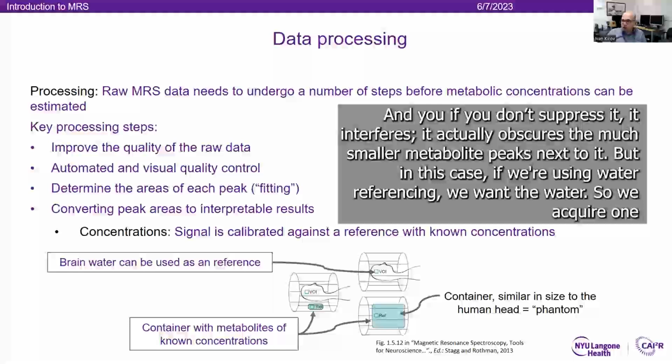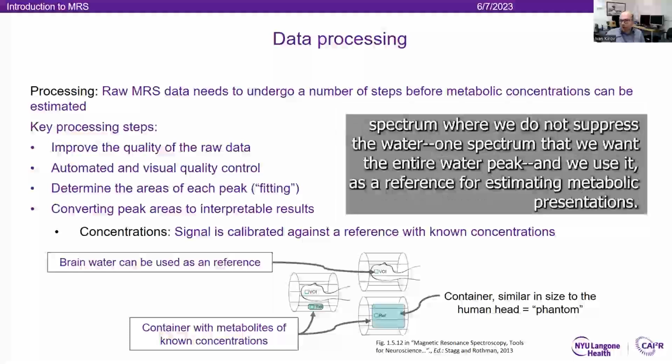It actually obscures the much smaller metabolite peaks next to it. But in this case, if we're using water referencing, we want the water. So we acquire one spectrum where we do not suppress the water. One spectrum where we want the entire water peak. And we use it as a reference for estimating metabolic concentrations.